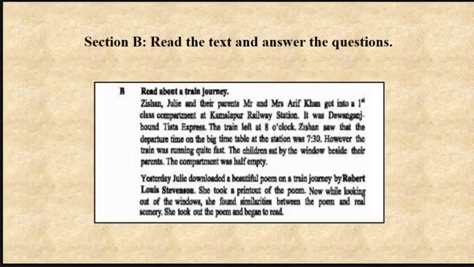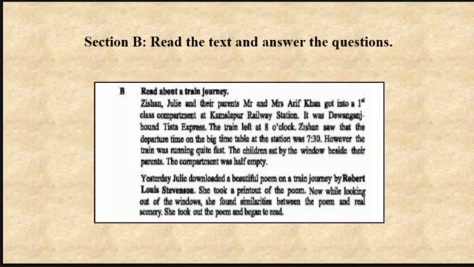Zishan saw that the departure time on the big timetable at the station was 7:30. However, the train was running quite fast. The children sat by the window beside their parents. The compartment was half empty.